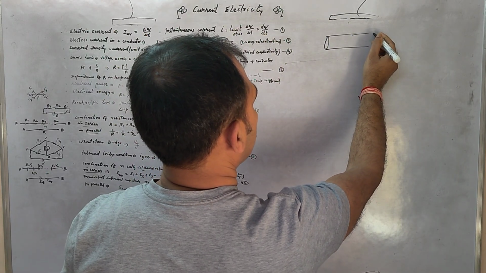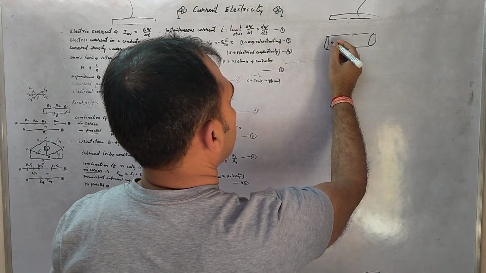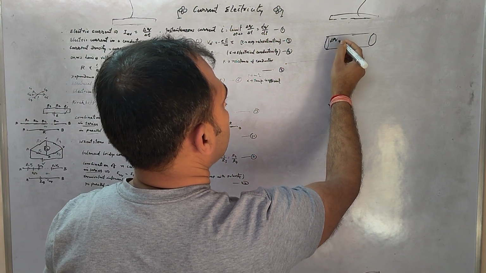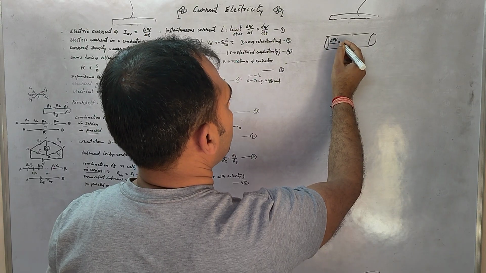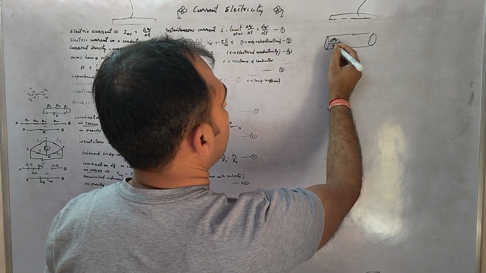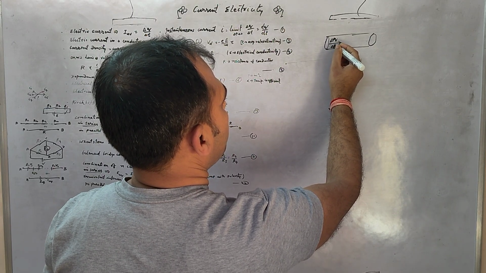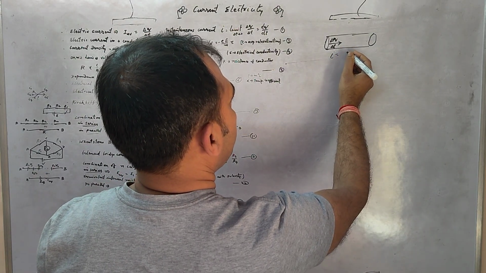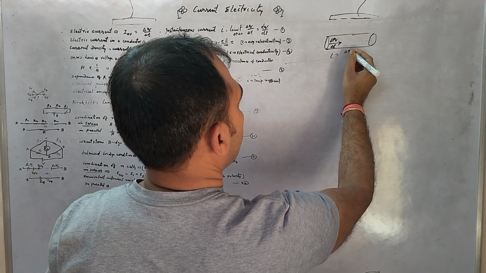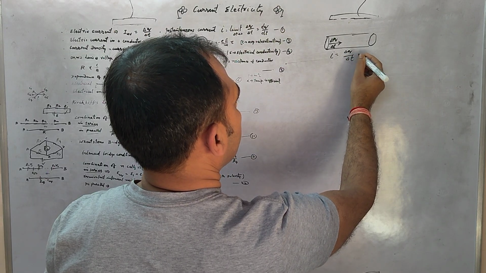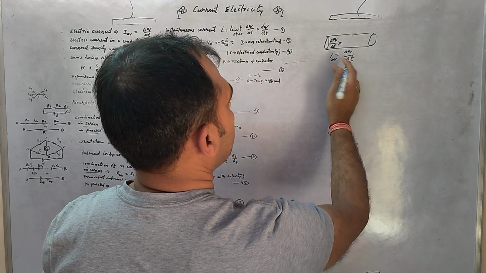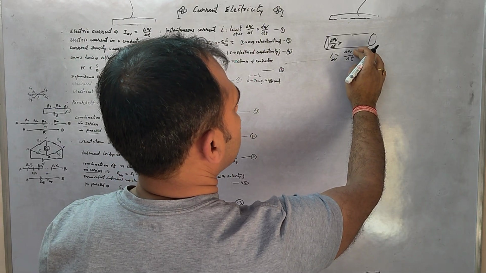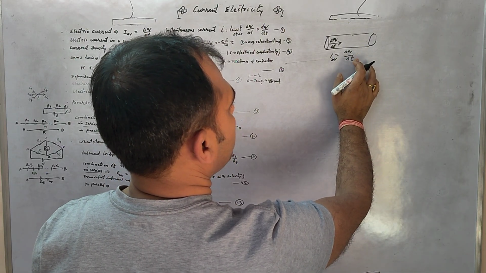If this is a conductor and delta q charge is flowing across it in delta t time interval, then current I will be equal to delta q by delta t. This will be average current, this is charge, and this is the time.